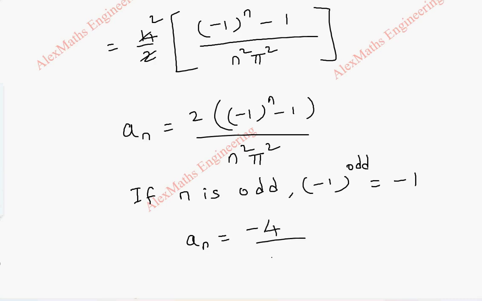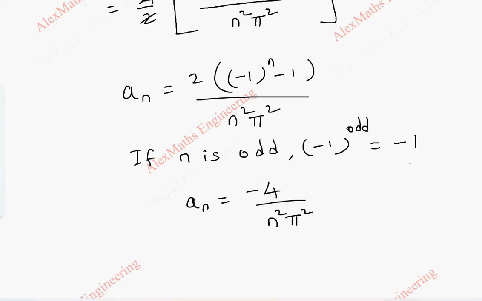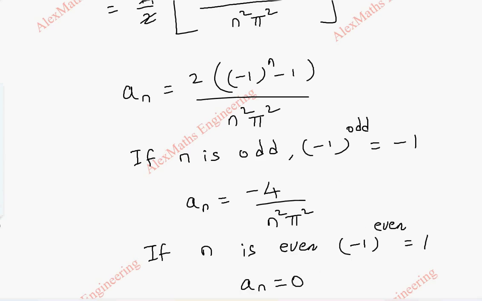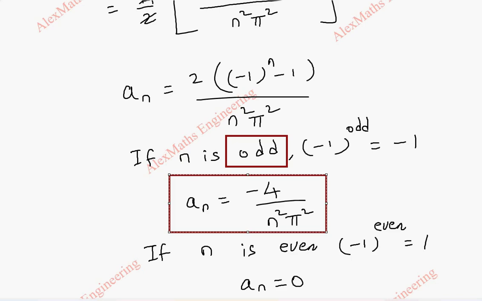So minus 4 by n square pi square. And suppose if n is even, minus 1 whole power even becomes 1. So 1 minus 1 is 0. So an becomes 0. And we are going to use, when n is odd, the value of an is minus 4 by n square pi square.